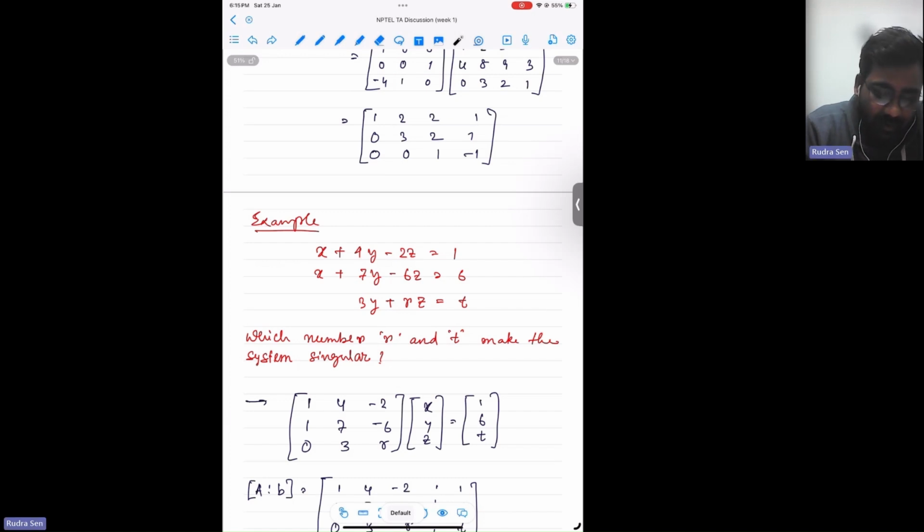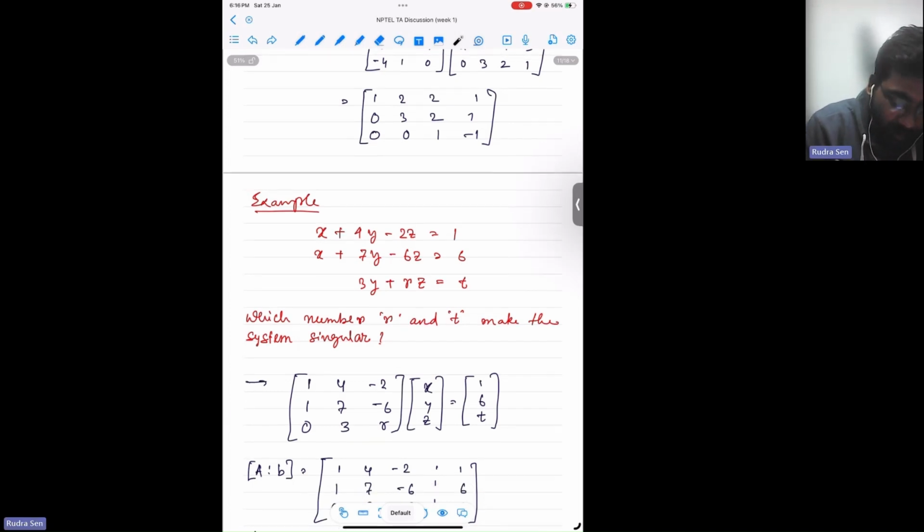And the third equation is 3y plus rz equals t. Here r and t are unknown, but these are not the system variables. These are the coefficients whose values are unknown to us.